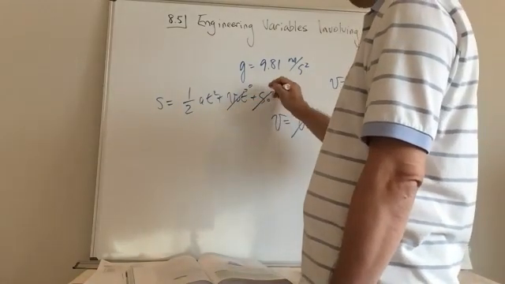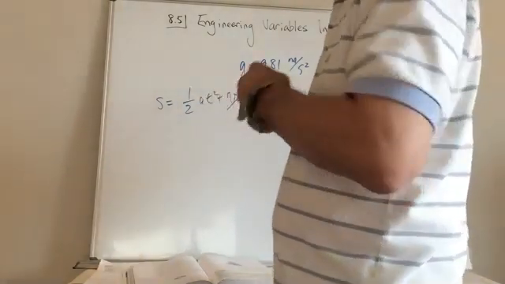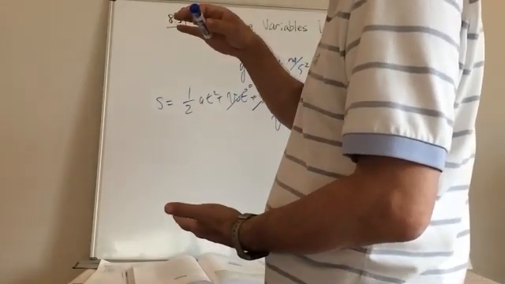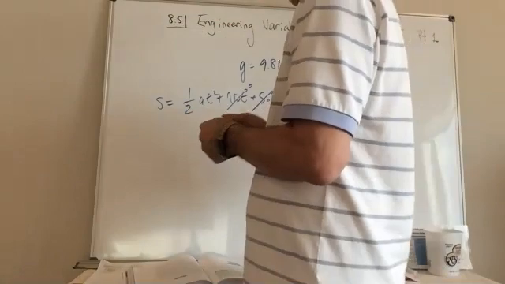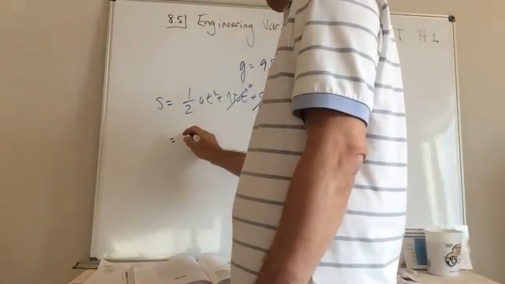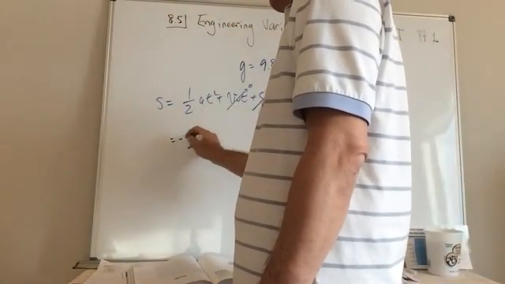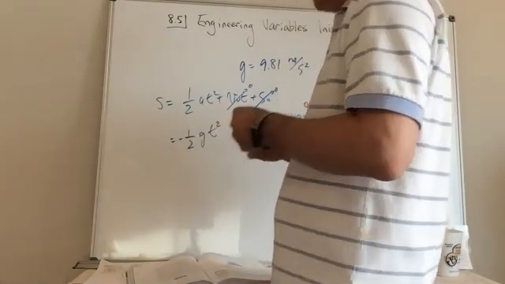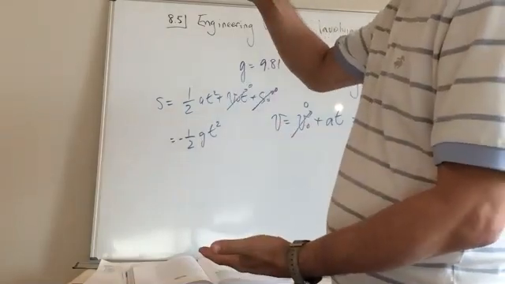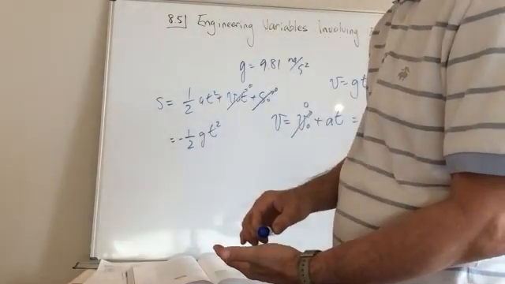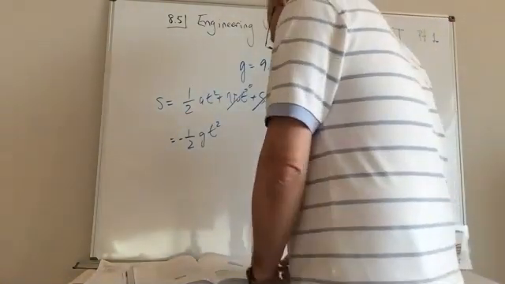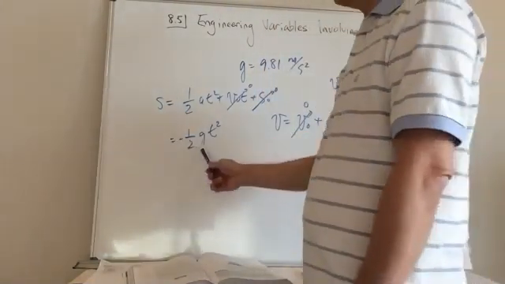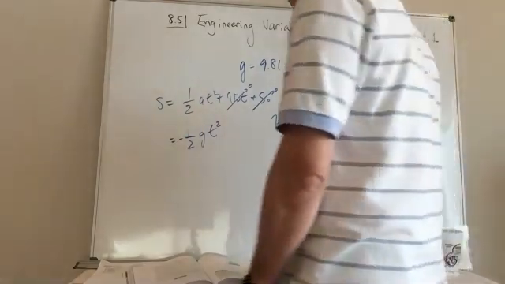If I call the point where I'm initially dropping it from 0, then the distance traveled is going to be negative 1/2 gt squared. Why is it negative? Because we're traveling from here to a lower position. And as you can see, the d there is 1/2 gt squared, which is the same thing here.